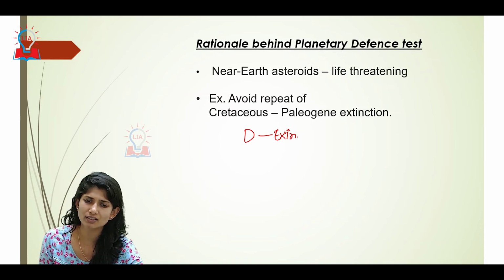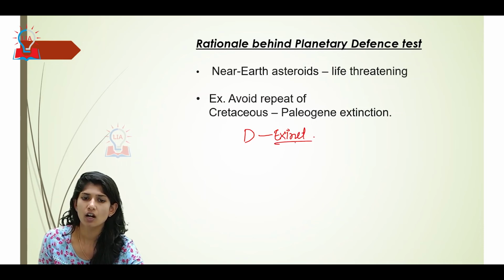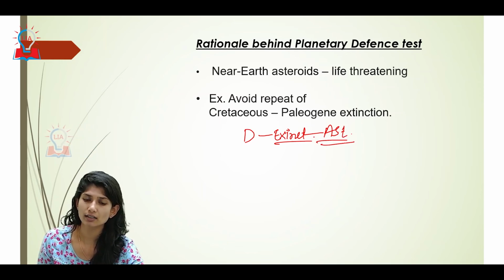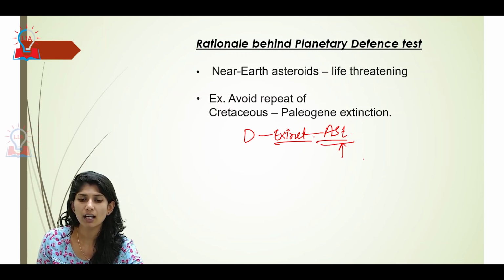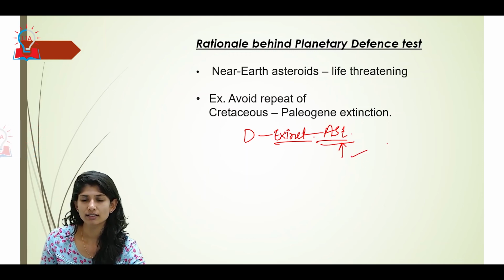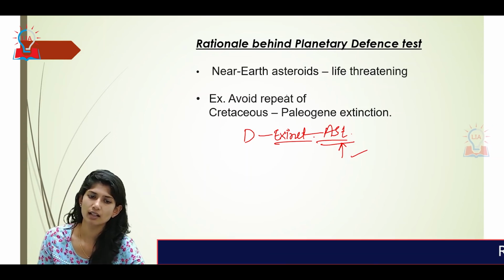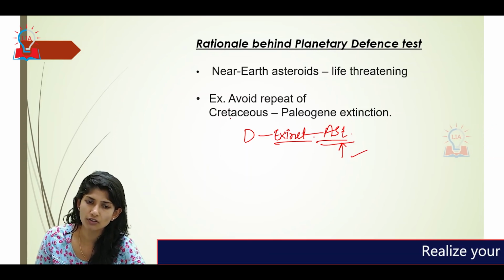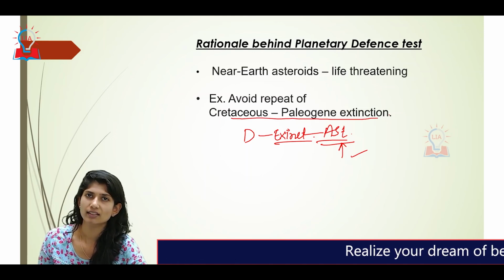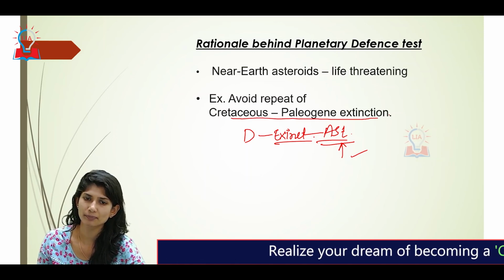We have many theories as to how, and one such theory is an asteroid hit. Now we are making sure that kind of asteroid hit doesn't strike Earth and cause large-scale death and destruction, to avoid a repeat of that extinction.